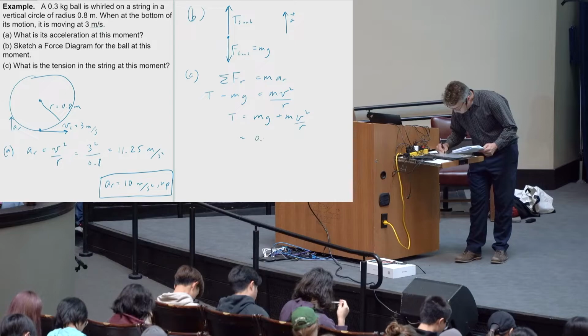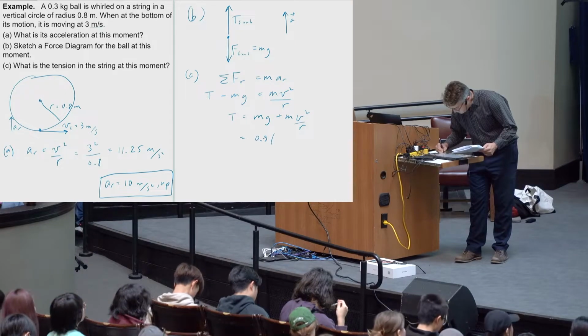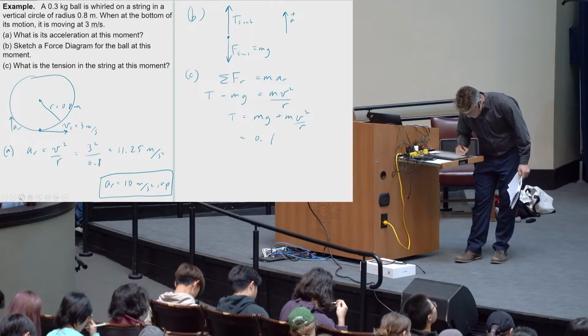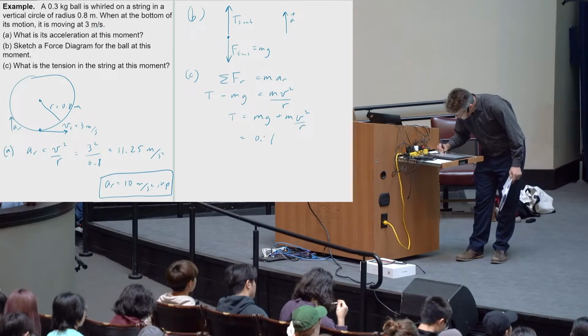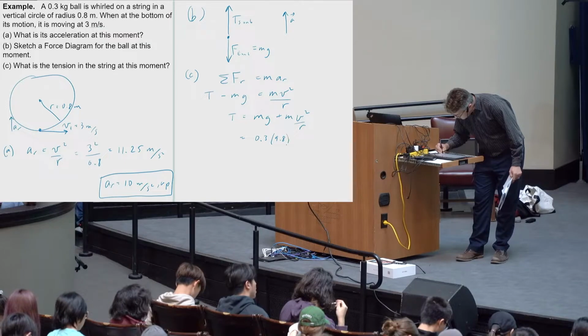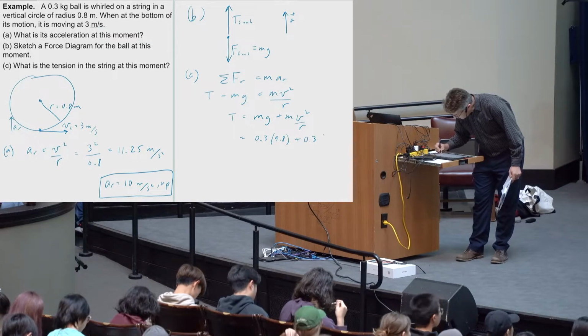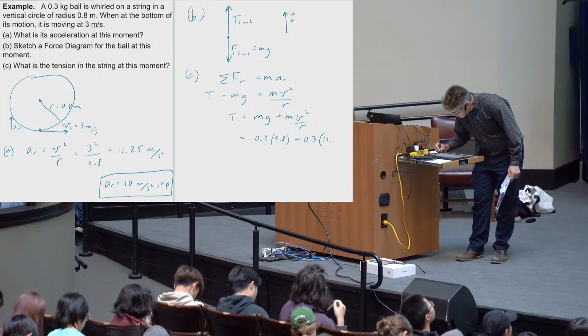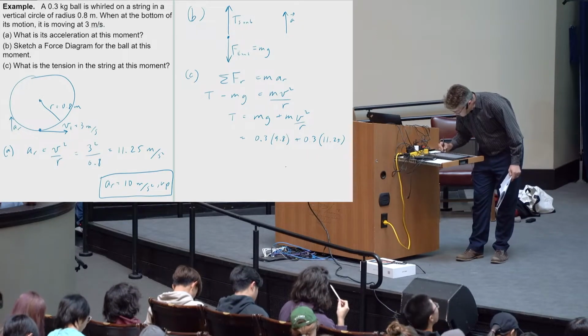It's equal to 0.3 times 9.8 plus 0.3 times, we actually did the v squared over r already. Let's just use 11.25 so we don't have to do that again.